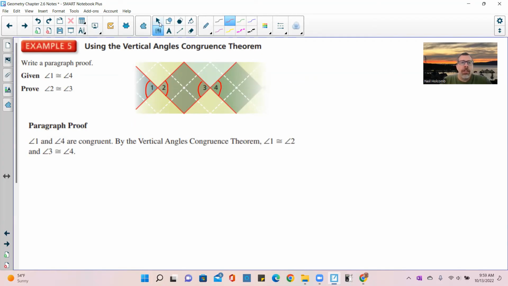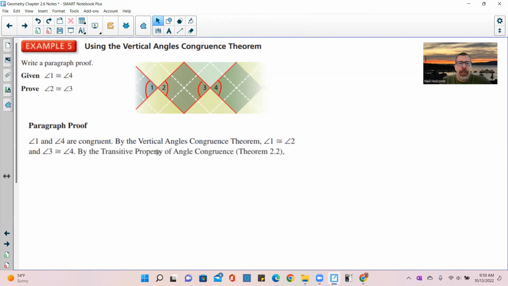So this is leading up to something that should be pretty obvious. By the transitive property of angle congruence theorem, remember the transitive property, if A equals B and B equals C, then A equals C. So if 1 is congruent to 4 and 3 is congruent to 4, then 1 is congruent to 3 and 2 is congruent to 4.